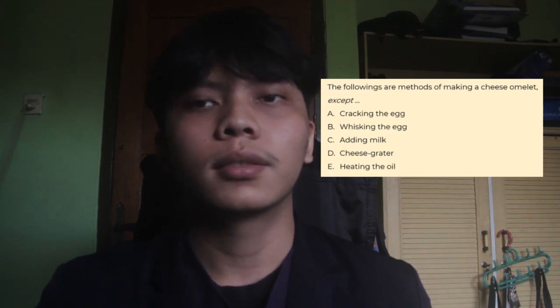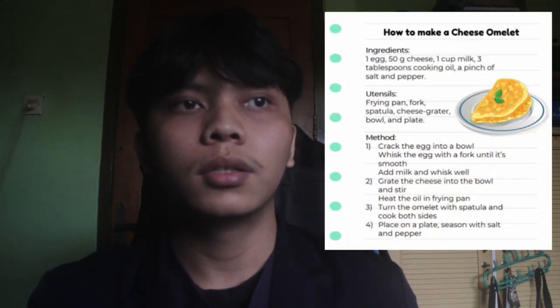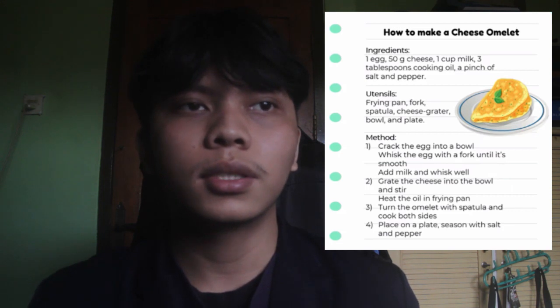D. Cheese grater. Or E. Heating the oil. Okay, I give you 5 seconds again. 1, 2, 3, 4, and 5. Yes, the answer is cheese grater. You can see on the picture that I gave you, in utensils there is a cheese grater.